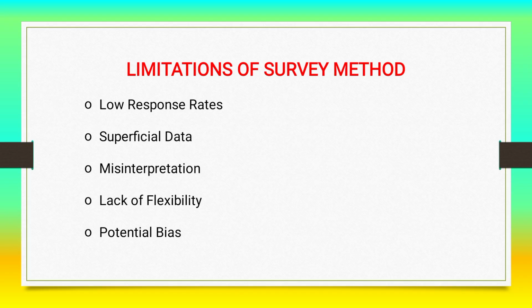The last limitation of this survey method of data collection is potential bias. Survey design, question wording, and respondent selection can introduce bias, affecting the reliability and the validity of the results.